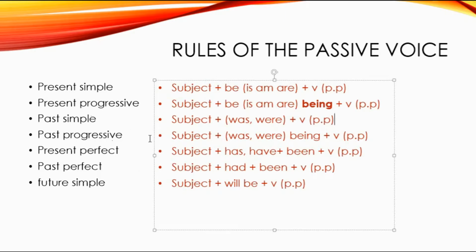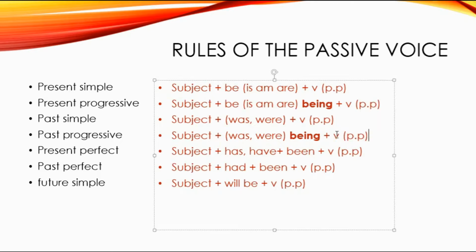In past progressive, when we use the passive voice, we have a subject, was or were, then been. Been is always there. Don't forget, it adds the element of continuity, of progress into the passive voice, because you have to keep everything into the passive voice. It should still be present or past progressive in this case.